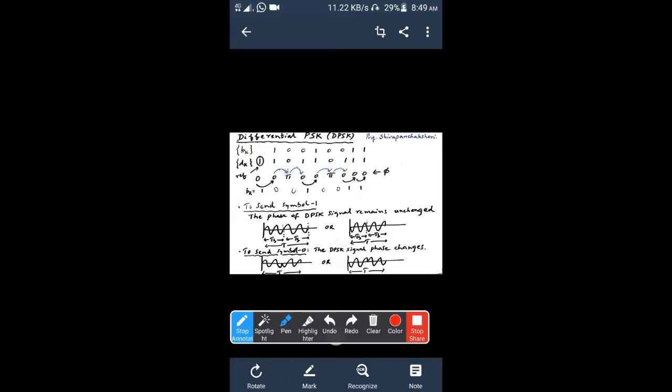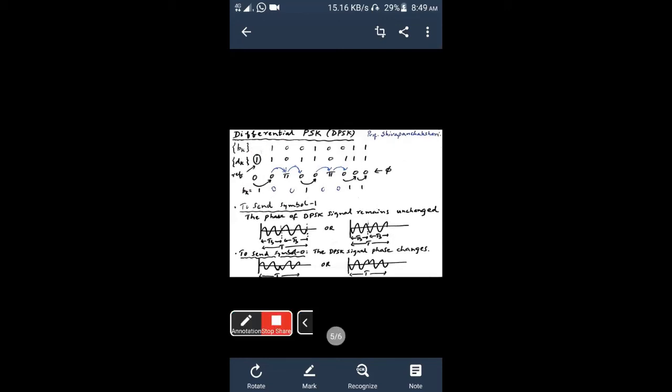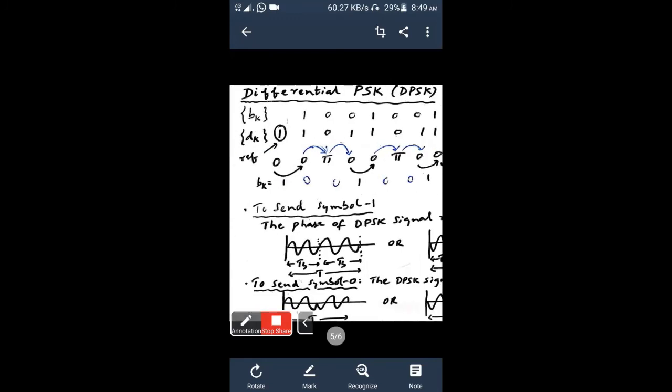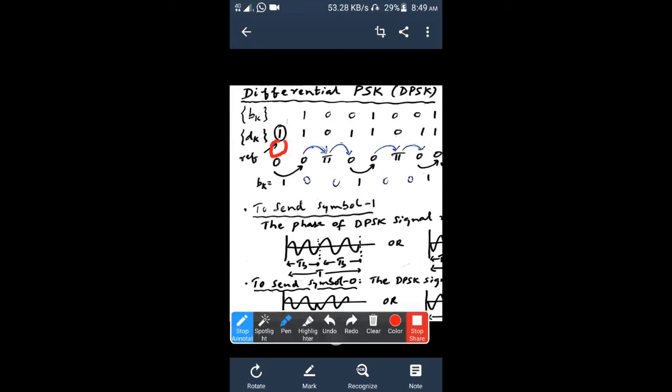There is a reference bit, because my first bit of information is this one, BK. You start with this one. My first bit of information is bit 1, and this DK minus 1 is assumed. We have assumed that one. This DK minus 1 and this one, both put together, will give you DK. And the DK sequence I have given.